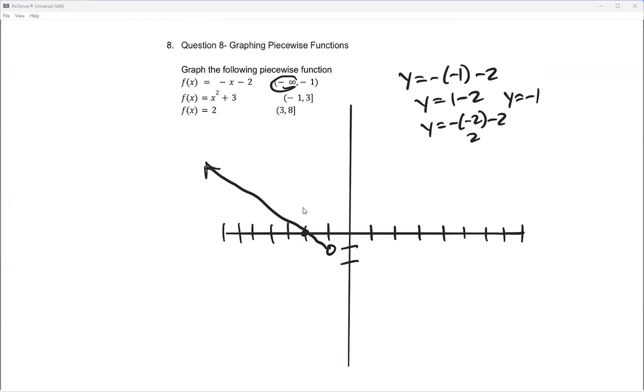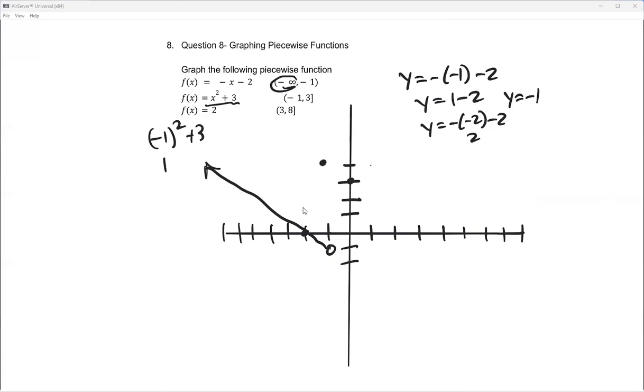And then from x squared plus 3, we know that it's a parabola, right? But the y-intercept is 3. So we go to the negative 1, plug it in, negative 1 squared plus 3, that's 1, so it'd be 4. So negative 1, 4.